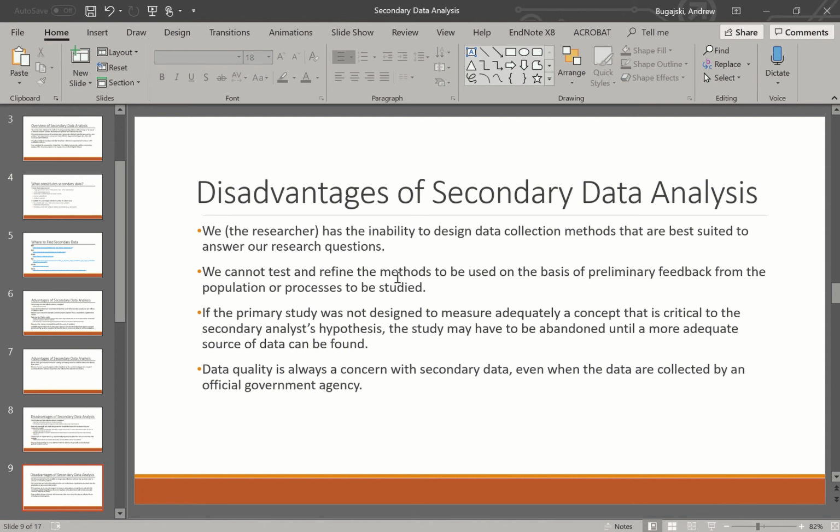We cannot test and refine the methods used on the basis of preliminary feedback from the population or the process to be studied. So a lot of times in these big studies, and you'll find out the more studies you do over time, you have what you think is the perfect plan. And then you actually go to collect the data and you find out it's not working. And then you have to send an amendment, or you have to change your survey.